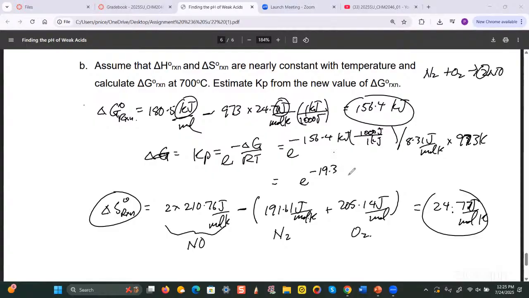Again, it's one decimal place, which means that when I do the e function, I have to round this off to 1 sig fig, so the answer will be 4 times 10 to the minus 9. And that's how that is done.